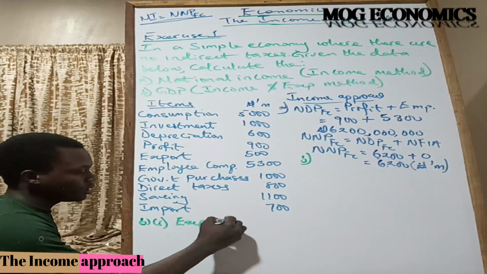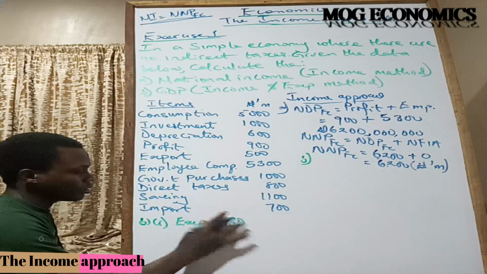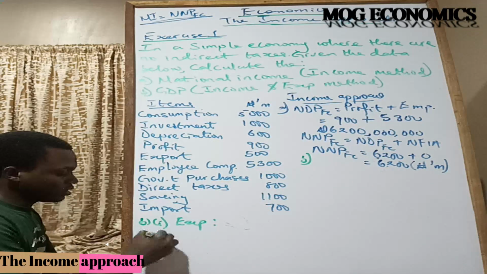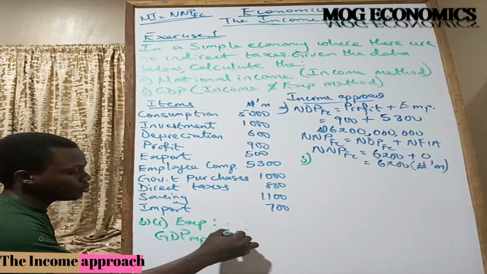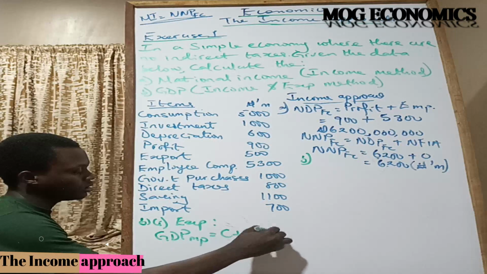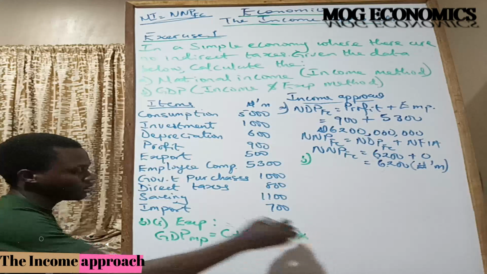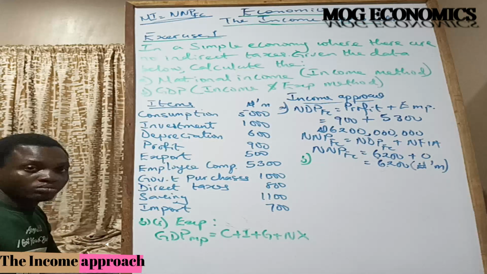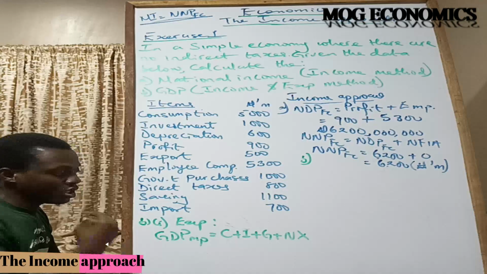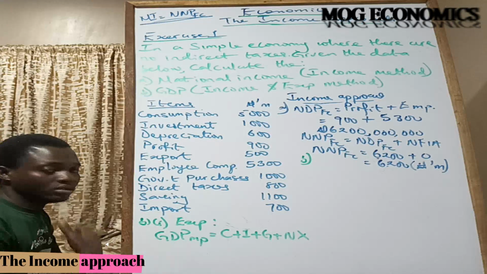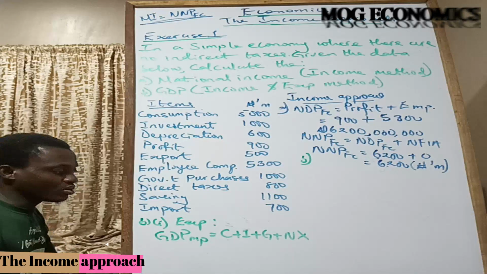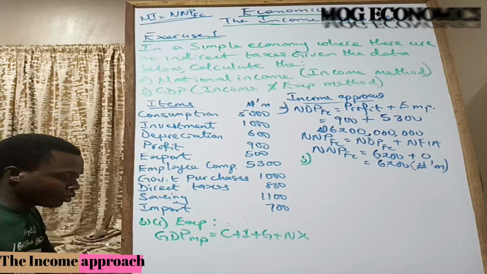GDP at market price equals C plus I plus G plus NX, where C is private domestic consumption, I is gross investment, G is government spending, and NX is net export, which is the same as export minus import.